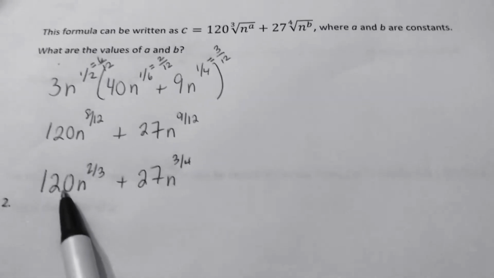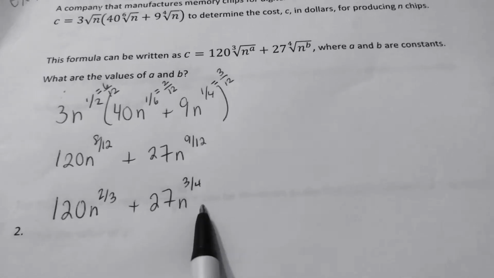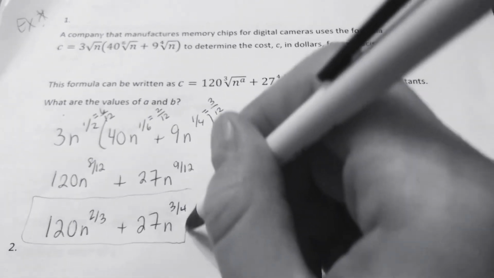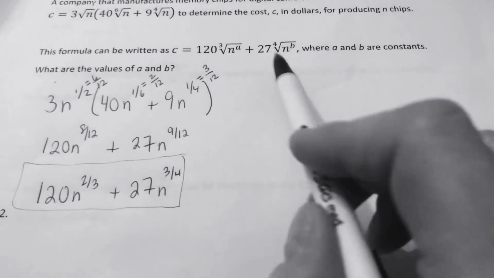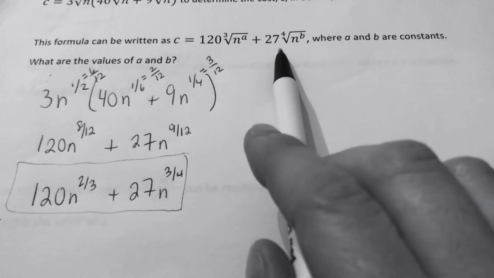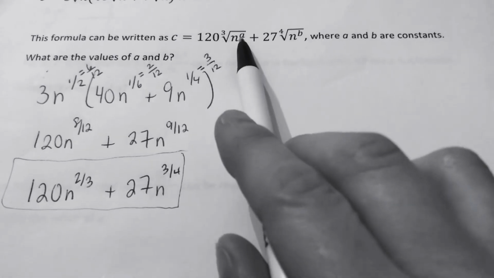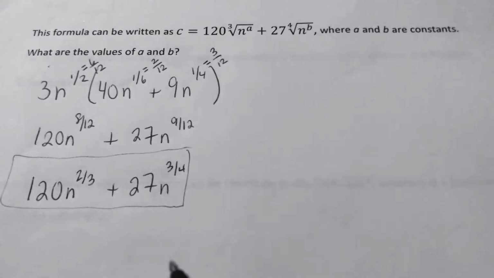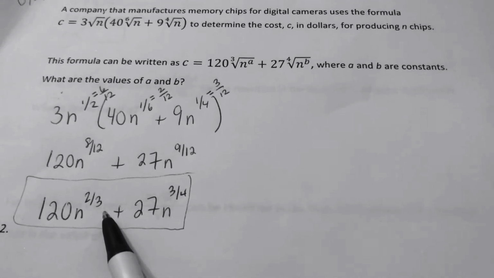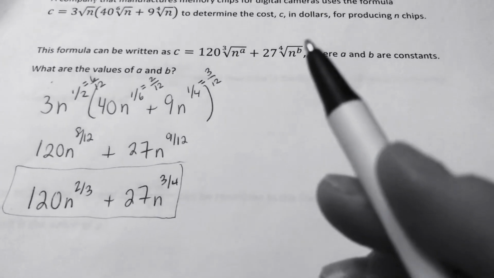Okay, so I have this. Now I'm finished with my distributing, but I need to put this back in radical form because this is what they're looking for. Once I change these back to radical form, I can figure out what A is and what B is. So remember, how do I write this as a radical? Exponent over index.